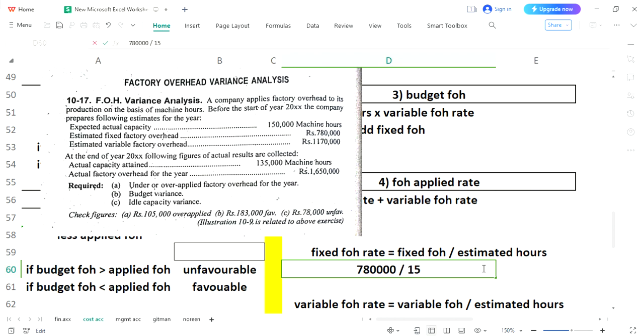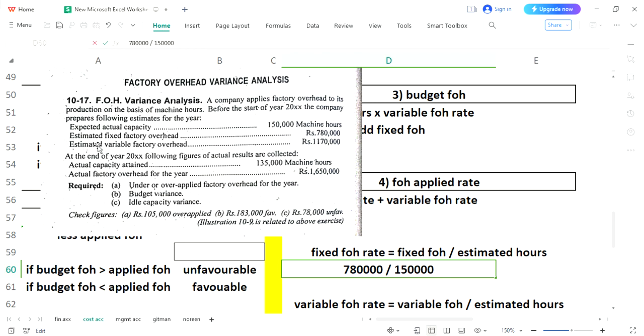So you are going to divide 780,000 by 150,000. Please focus here: 7,80,000 was fixed FOH, and you have divided it by estimated hours, which are 150,000.